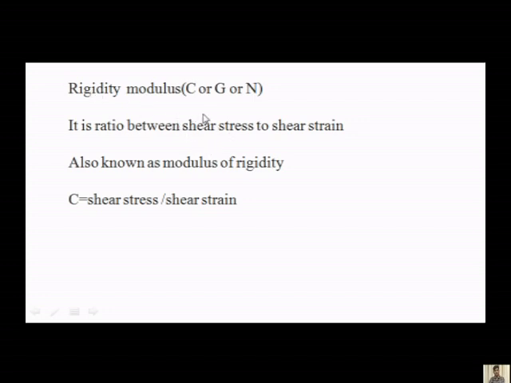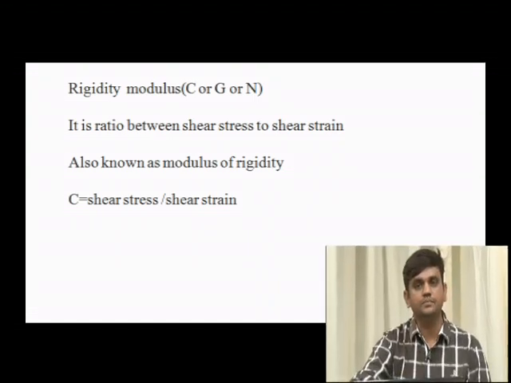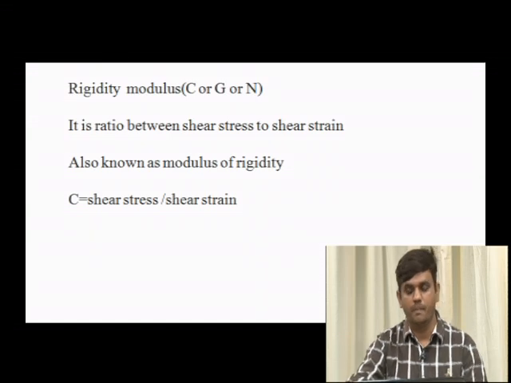Remember, rigidity means shear. It is the ratio between the shear stress and shear strain. It is also known as modulus of rigidity. So modulus of rigidity C is represented by shear stress by shear strain.